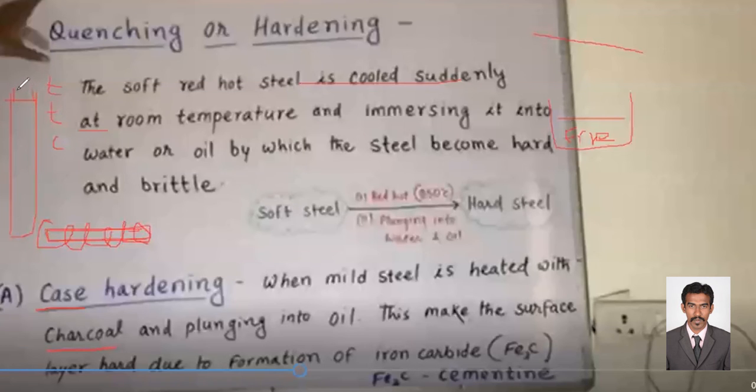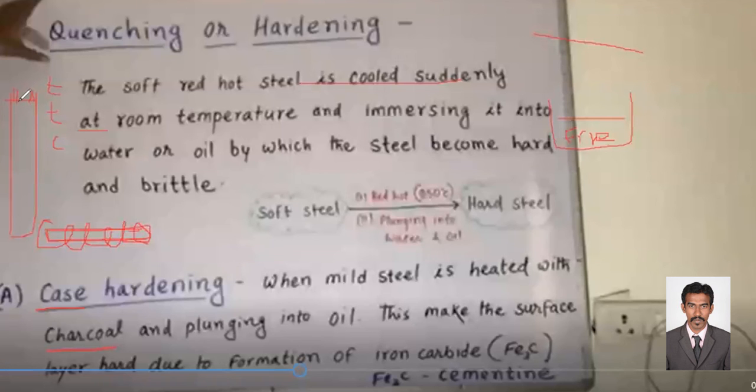Say, for example, you want the layer to be hard for 2 millimeter. I'm just giving an example. In that case, you will have different temperature and time. That will vary.